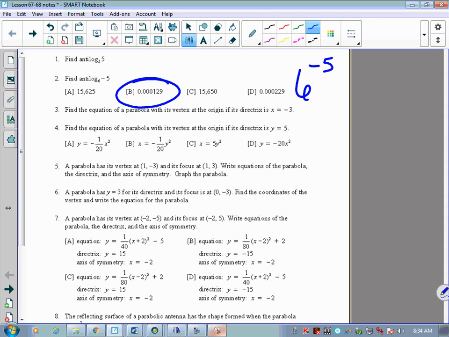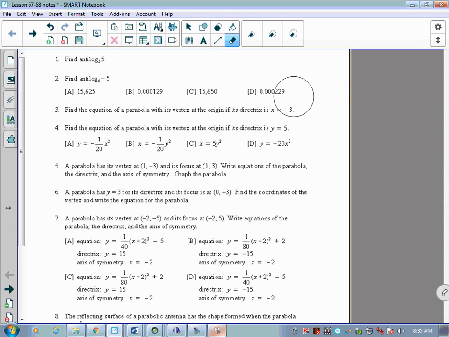I got that too, but I just put a bunch of zeros in it and called it good. Is it putting it in scientific notation for you? So it's basically saying 1.29 times 10 to the, or is it giving you an E answer? Yeah, E. So you have to go ahead and put in those zeros. Okay, so it's giving you your answer in scientific notation, which is still B.